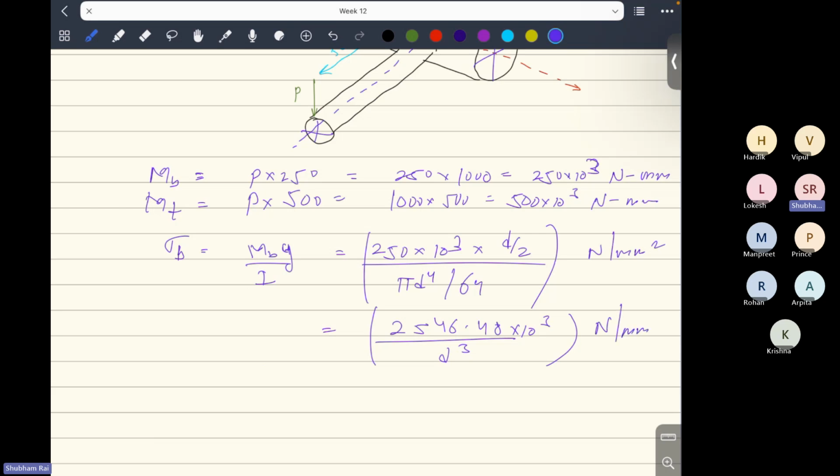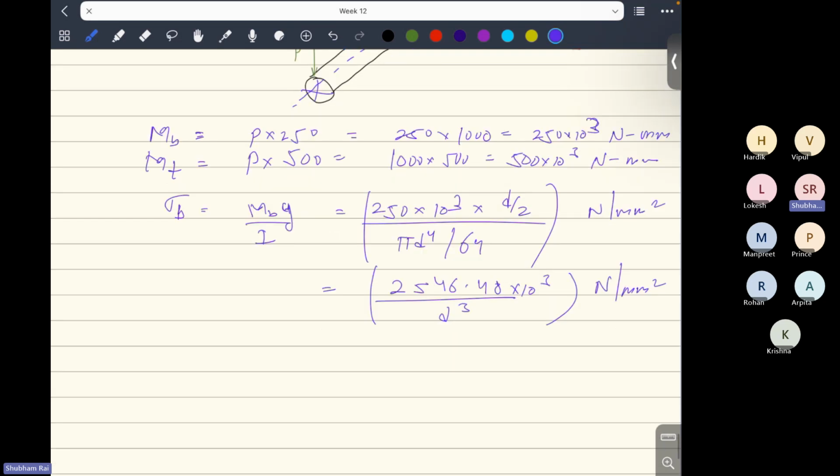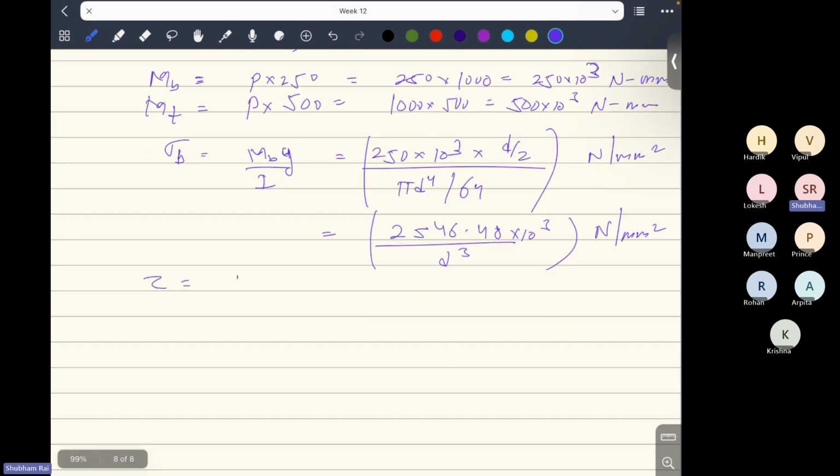And then tau, the shear stress due to torsion, will be Mt into r divided by the polar moment of area. So that is 500 into 10 power 3, and here it is d by 2, and this is pi d to the power 4 by 32.